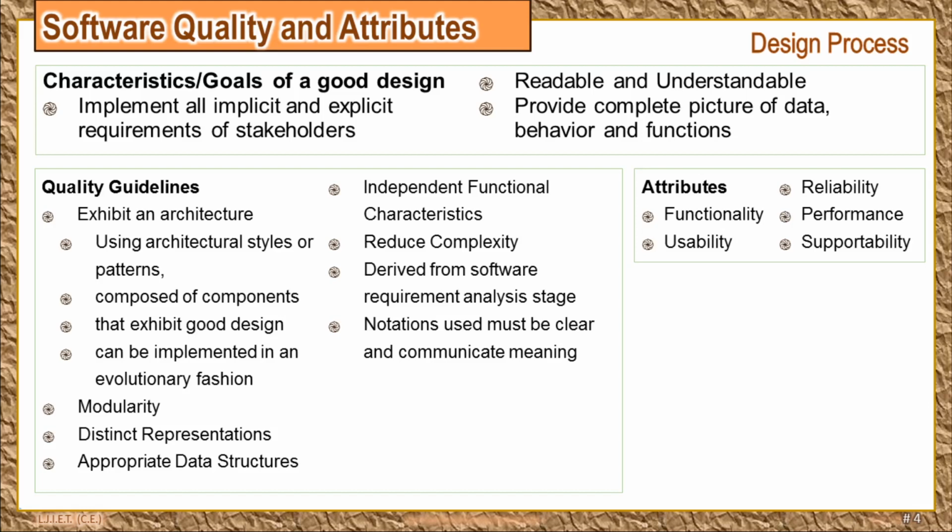Reliability is evaluated by measuring the frequency and severity of failure, the accuracy of output results, the mean time to failure, the ability to recover from failure, and the predictability of the program. Performance is measured by considering processing speed, response time, resource consumption, throughput, and efficiency.